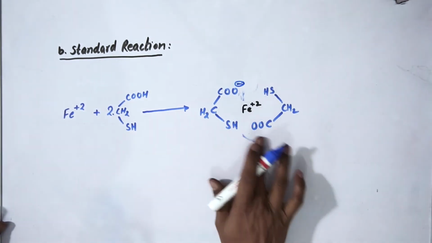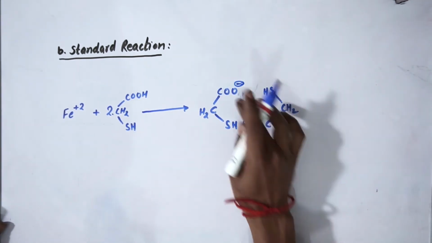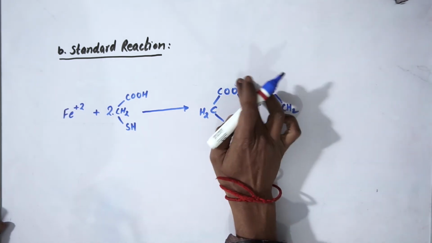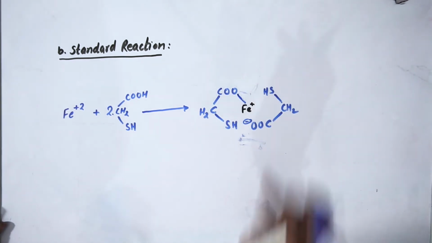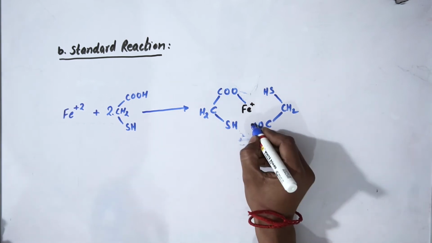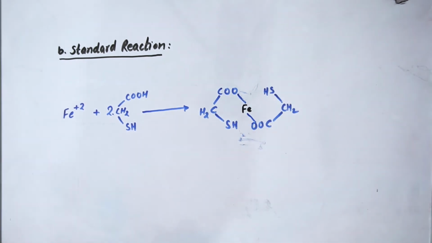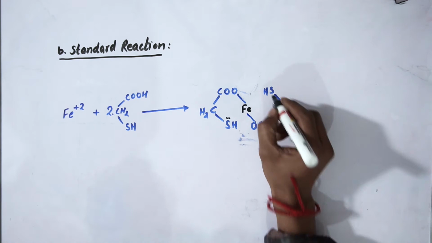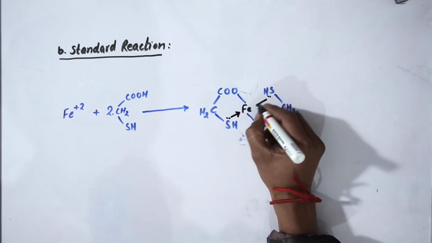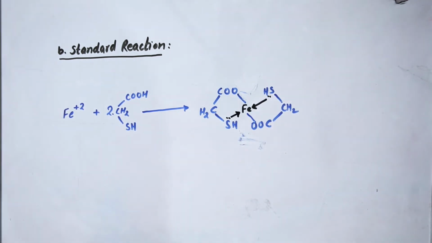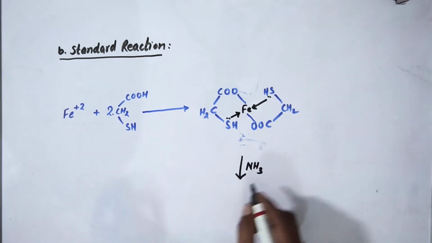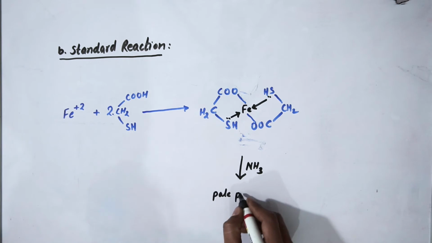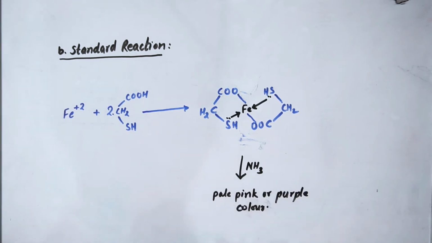Similarly from here also negative charge will develop, and this negative and one positive from iron, and here negative and one positive, they will cancel each other and make covalent bond. And this sulfur has a lone pair, they will share with iron and make coordinate bond. Now this is ferrous thioglycolate complex, which will produce pale pink or purple color in presence of ammonia.